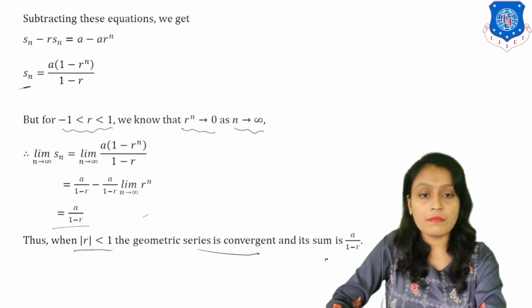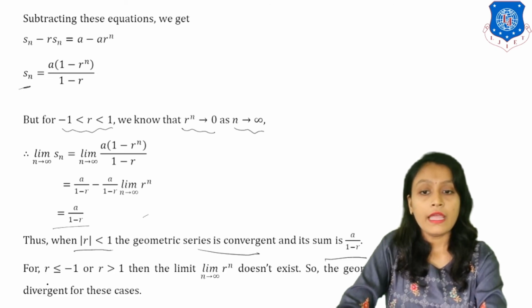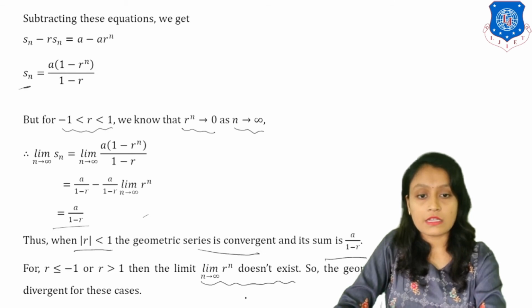Okay, and its sum is a upon 1 minus r. And for r less than or equal to minus 1 or r greater than 1, the limit of r raised to n does not exist. Okay, and so this geometric series is divergent for r less than or equal to minus 1 or r greater than 1.